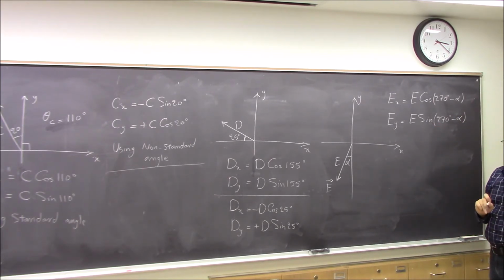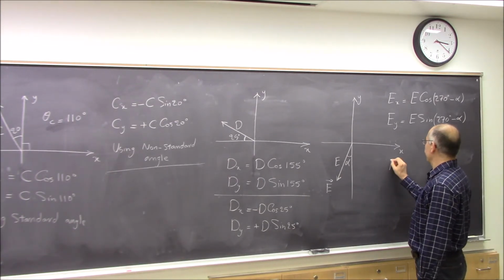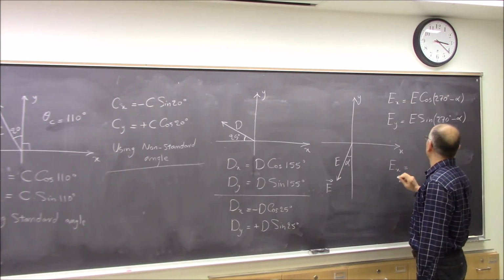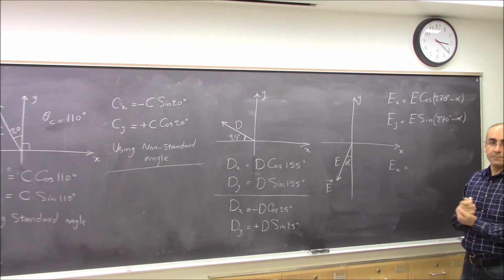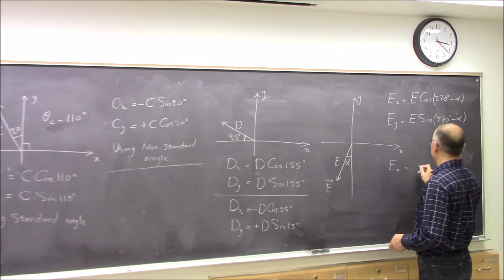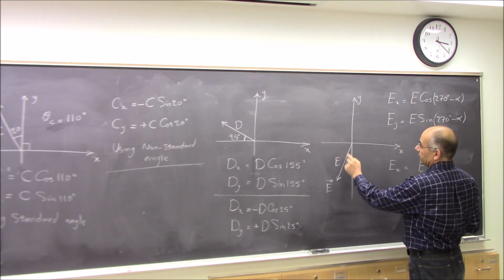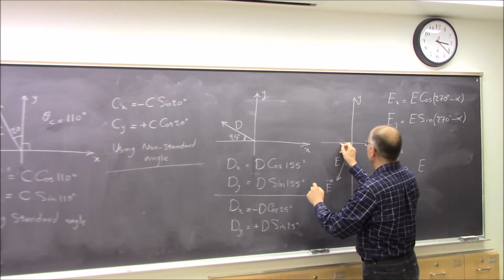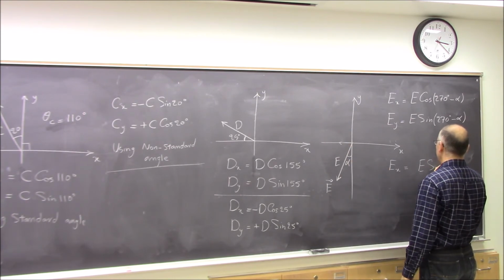But if you want to use alpha, instead of 270 minus alpha, we want to write in terms of alpha. What do we do? Ex is not adjacent to alpha, so you use sine: E sine alpha.